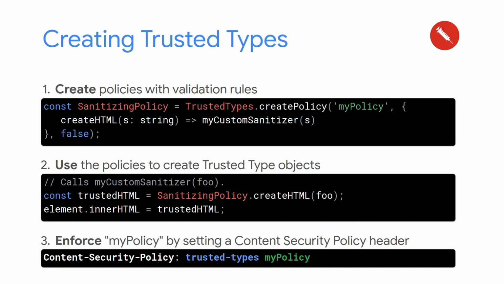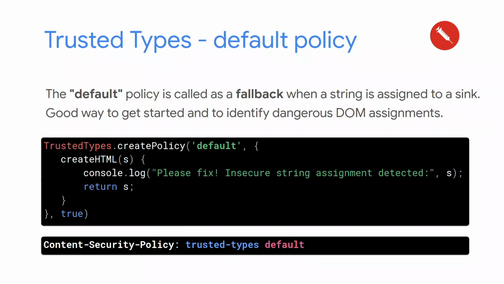So you can use something like DOMPurify or any other technique that will make the markup safe from injections. And once you've defined the createHTML method in your policy, this will create and return to you the trusted type, and then you get an object that you can assign to innerHTML like you could before. But it requires creating that policy and defining methods that create safe objects. And then you can enforce it with the content security policy header.